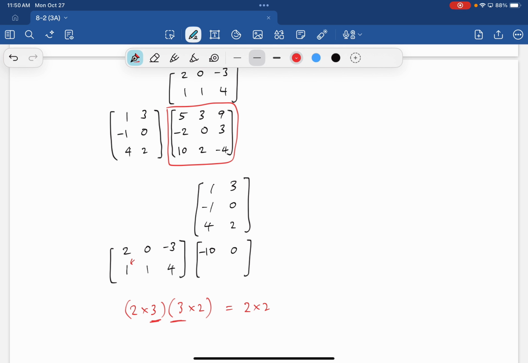Next one is going to be 1 plus negative 1 plus 16. And then the next one is 3 plus 0 plus 8, which is 11. And so that's my answer. It's totally different, right? And that's because matrix multiplication is not commutative.